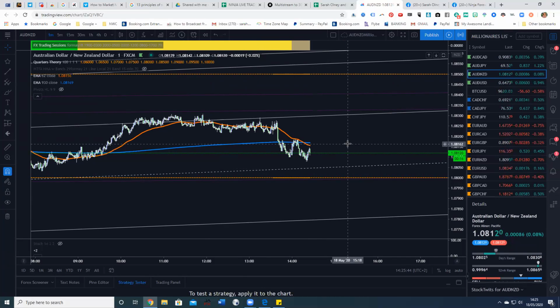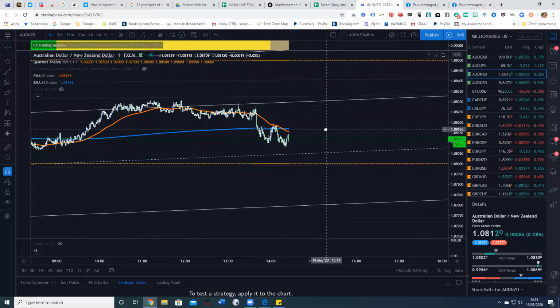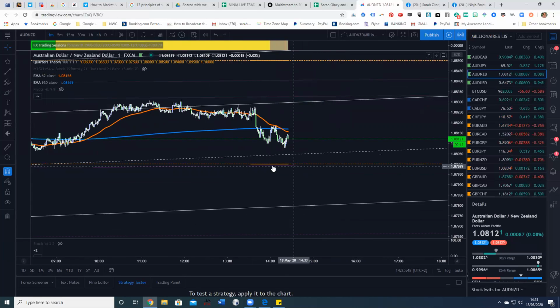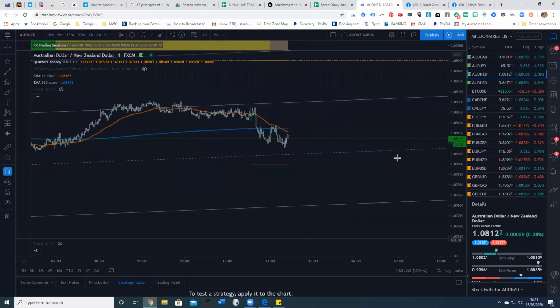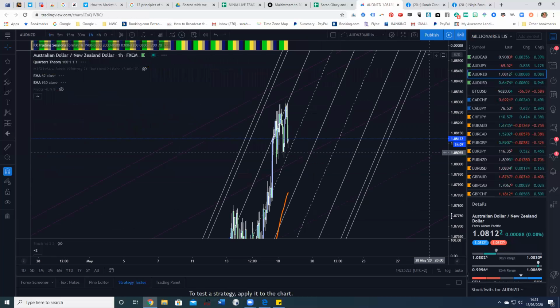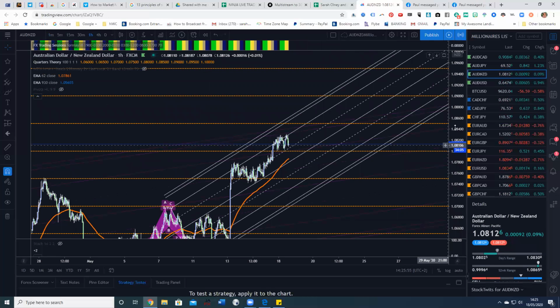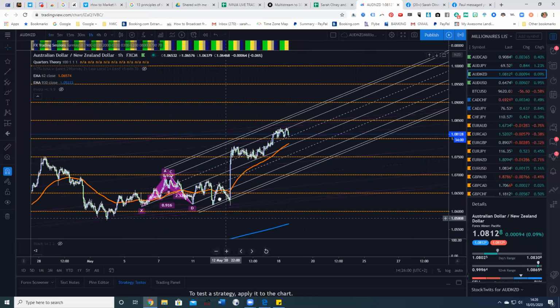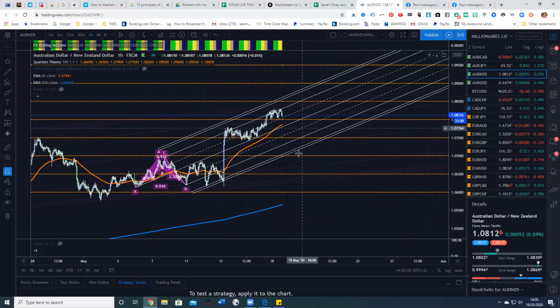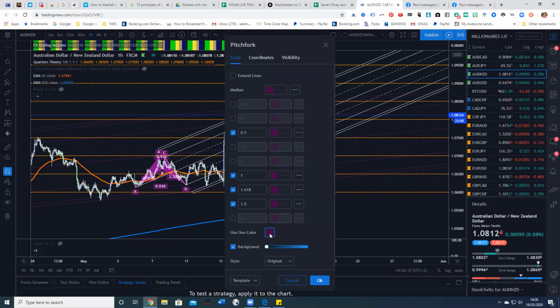But this one I had up on a tab just to say to you that there's an interesting point coming up here. I've got two pitchforks, and I just wanted to go back and see which was the most recent one. I've got the purple and the white, and I can't remember. It's the white one. The white one is the most recent one, and I put the purple one in because sometimes price will stall out.